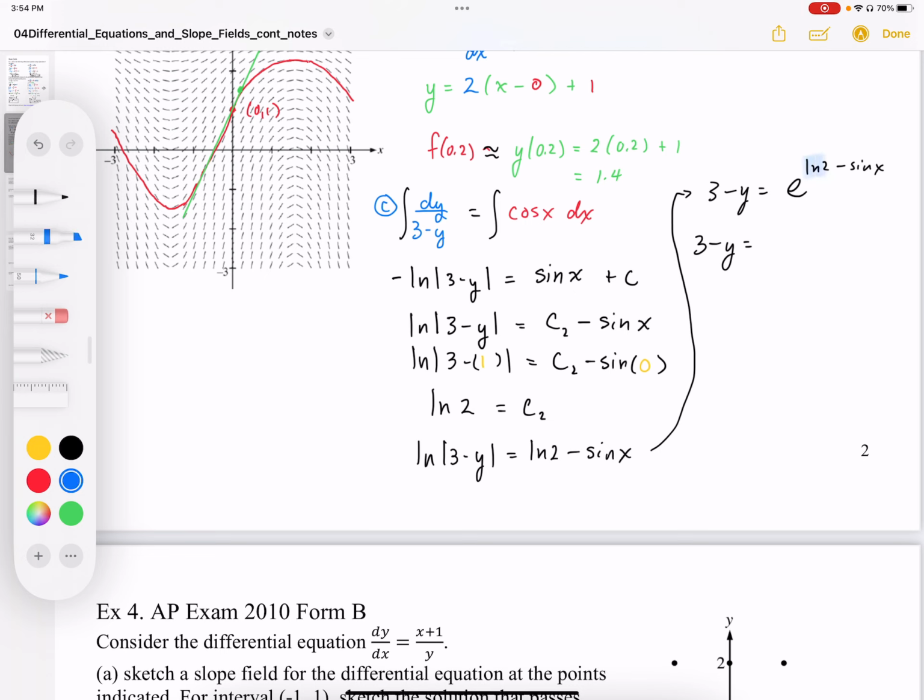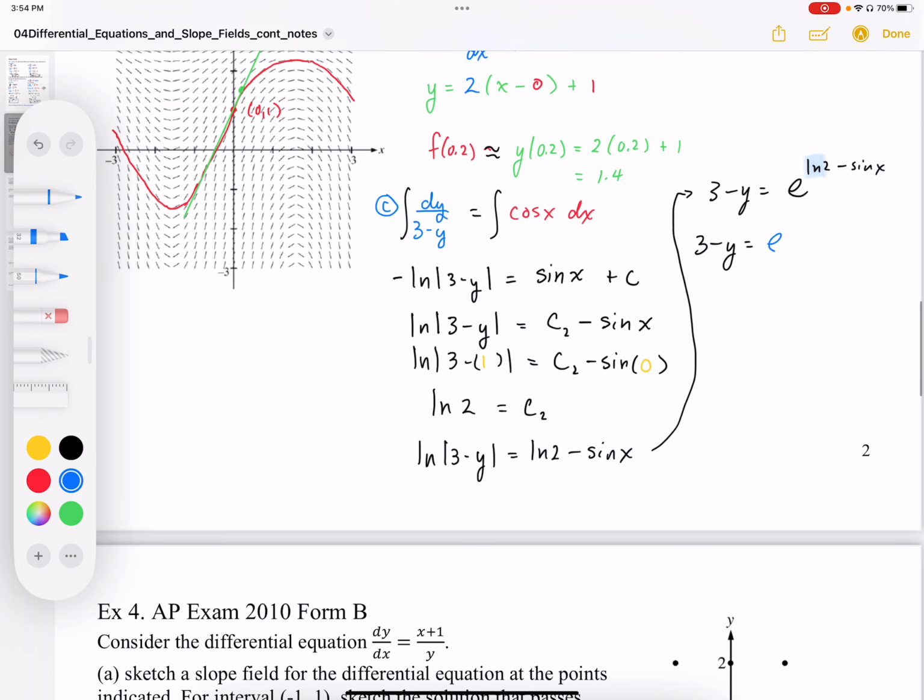So that e to the log 2 is an identity, that's equal to 2, times e to the negative sine x. Okay, and then rearranging this, I'm going to end up with 3 minus 2 e to the negative sine x.